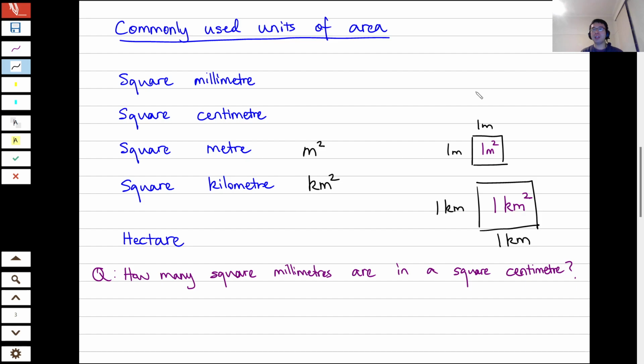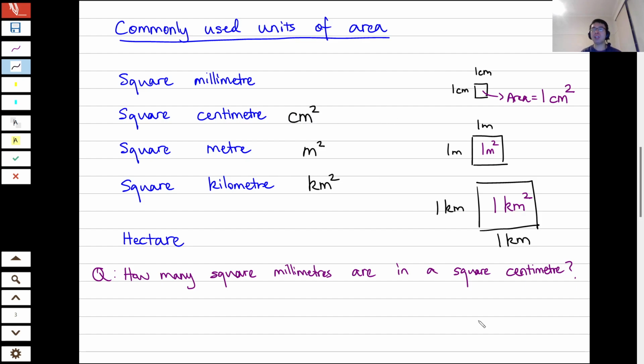Similarly, if I have a square with lengths 1 centimeter by 1 centimeter, then the area is going to be 1 square centimeter. And I will denote that by writing cm with a power of 2 to indicate that I have made a square.